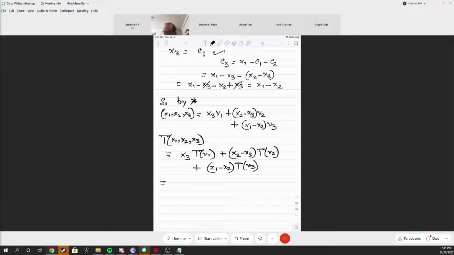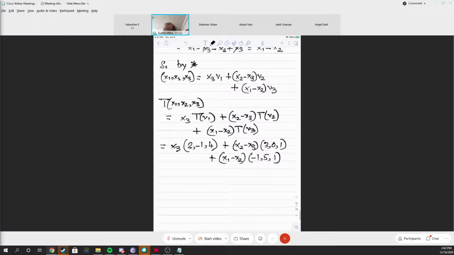So that is x3 times T V1. What is T V1? T V1 is 2, minus 1, 4, plus x2 minus x3 times T V2, which is 3, 0, 1, plus x1 minus x2 times T V3, which is minus 1, 5, 1.